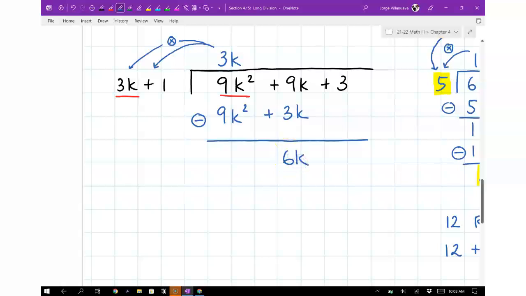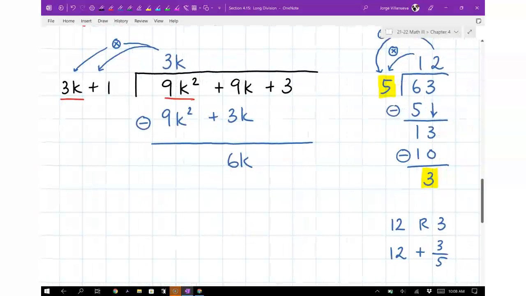And what are you supposed to do after this step? What did we do over here when we got a 5? Right here in this step. We dropped, right? So let's drop the next term. Plus 3.